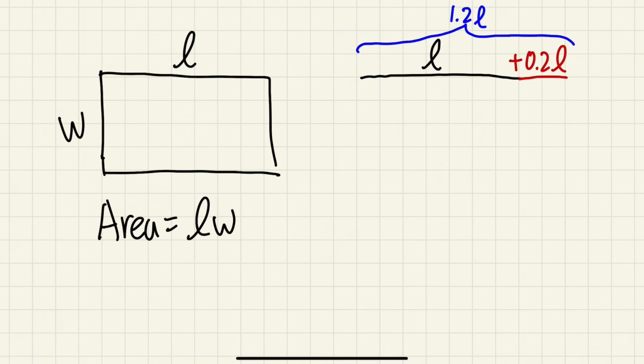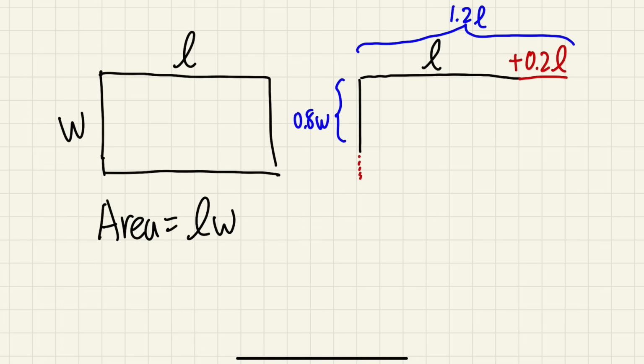Now, similarly, we are going to decrease the width by 20%. What we need to do is just take the original width and decrease that by 20%. So this is the missing part. So this right here will just be 1 minus 0.2, which is 0.8, times the original width.